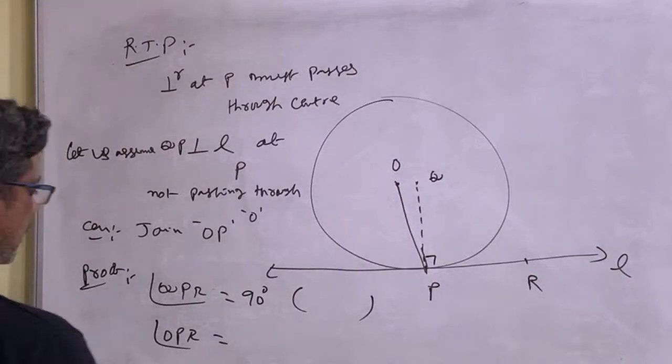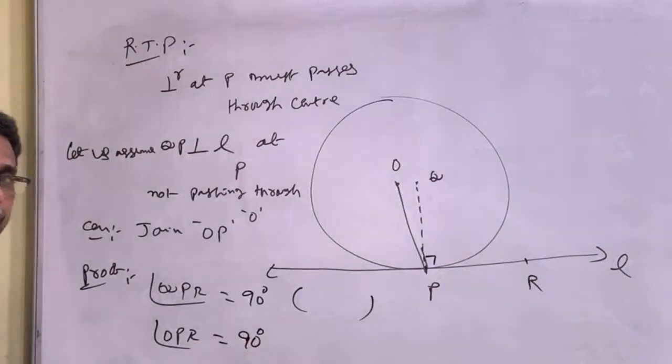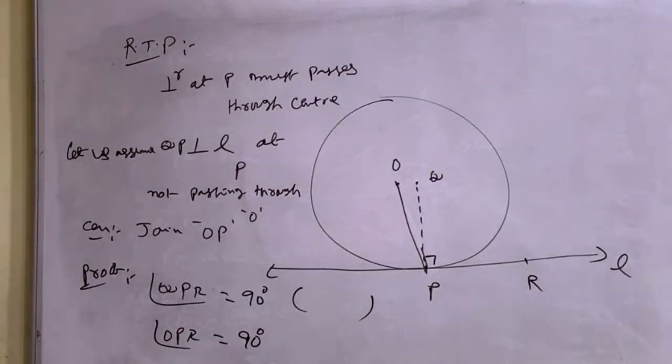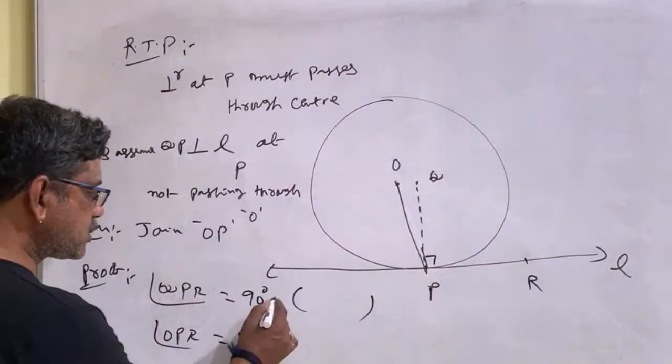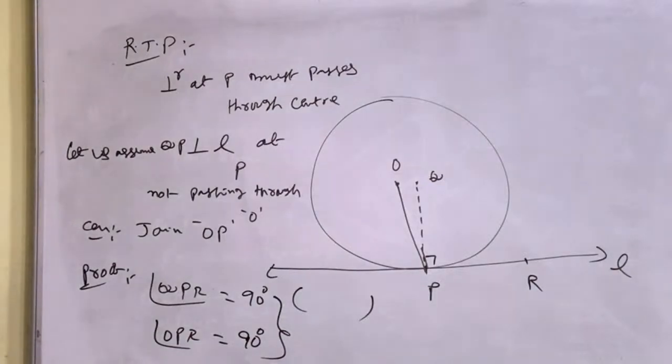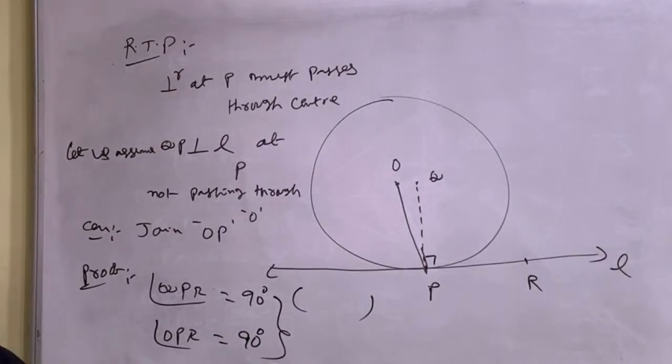So this is also 90. Okay? Now, from these two equations, angle QPR 90 and angle OPR 90, what is our conclusion, children?